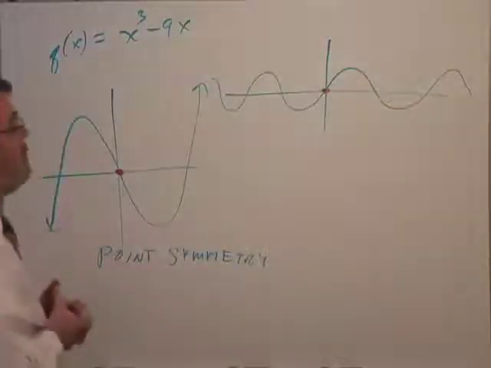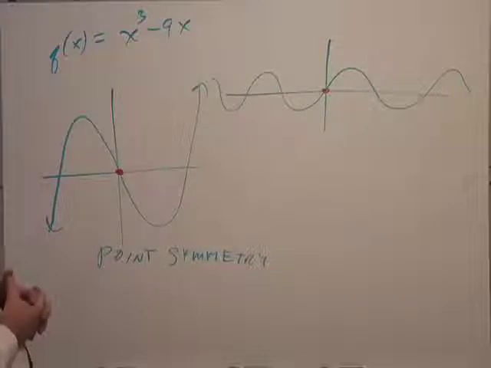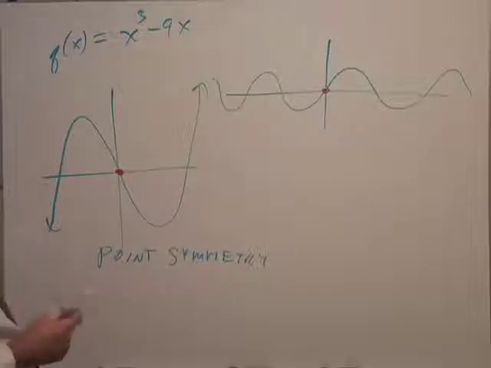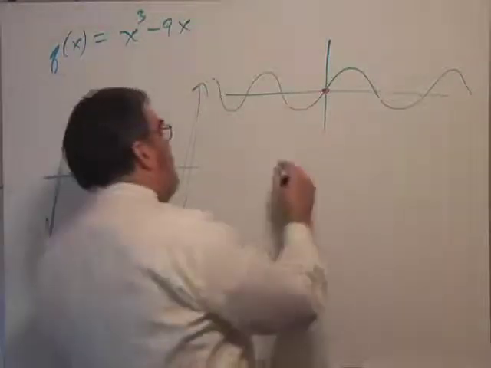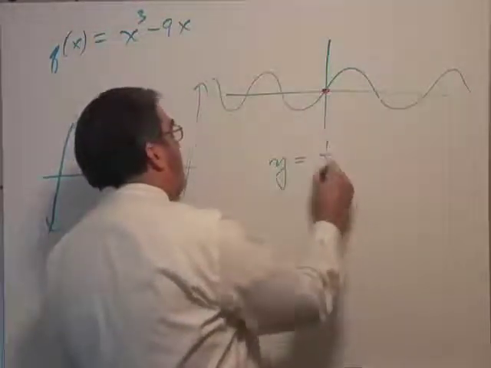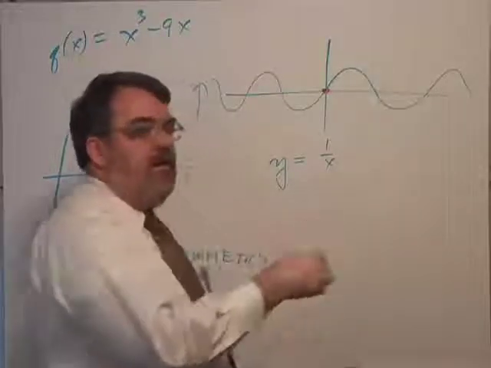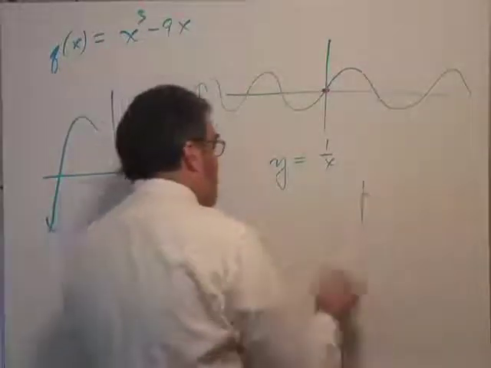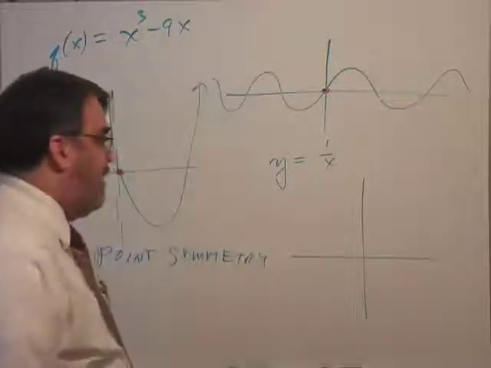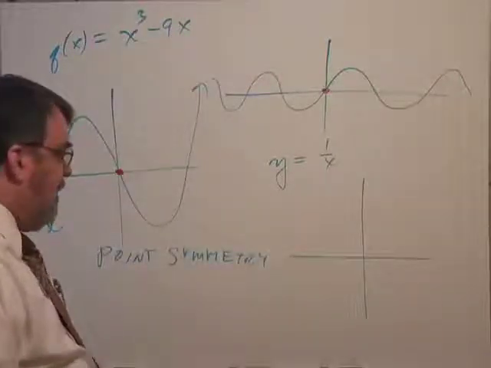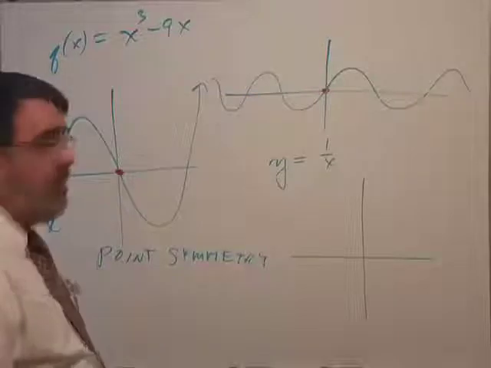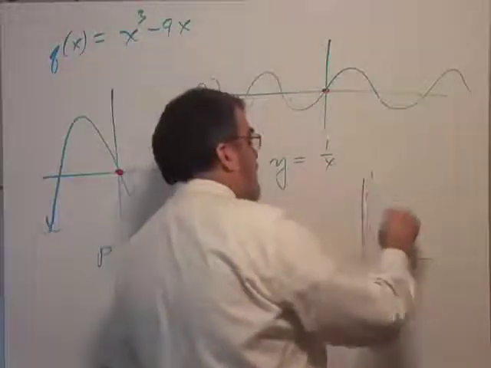Let me give you one other example of point symmetry, and this too will be symmetric about the origin. How about y equals 1 over x, or f of x equals 1 over x, if you write it with function notation. This graph is a hyperbola, and it looks like this.